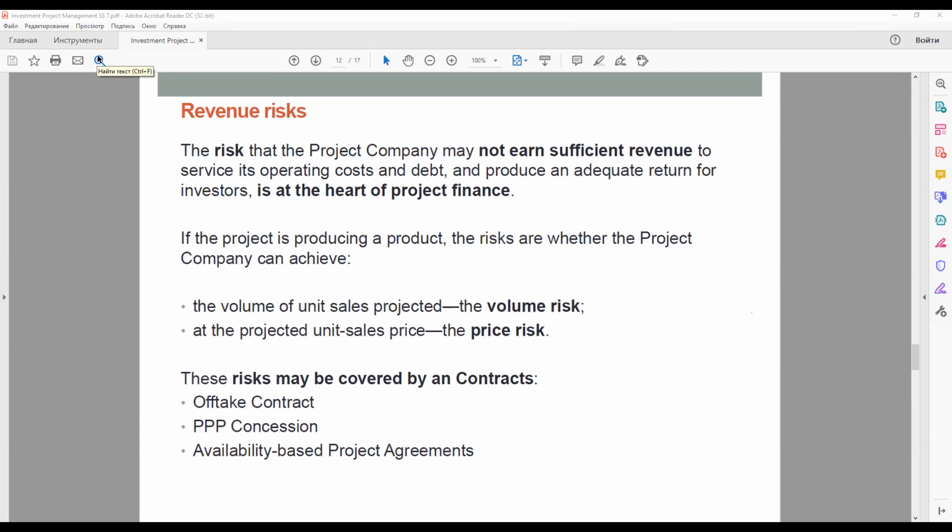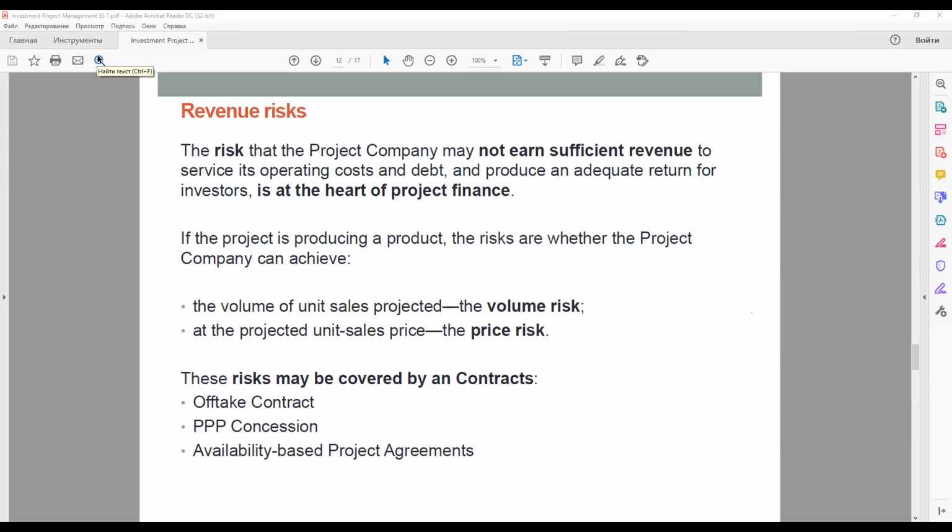So it is a usage risk. In an availability-based project agreement, the usage risk is most commonly taken by the contracting authority, so that the primary revenue risk is the ability of the contracting authority to make the contract payments when due.